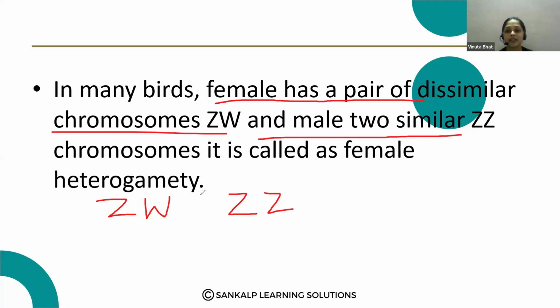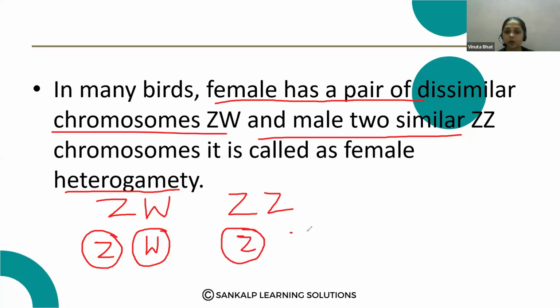This type of sex determination is called female heterogamety. It means females are able to produce two types of gametes, containing either a Z chromosome or a W chromosome, but the male gametes always contain a Z chromosome.